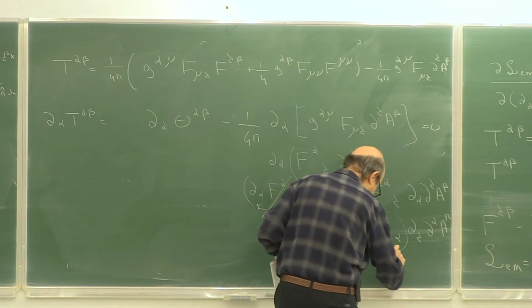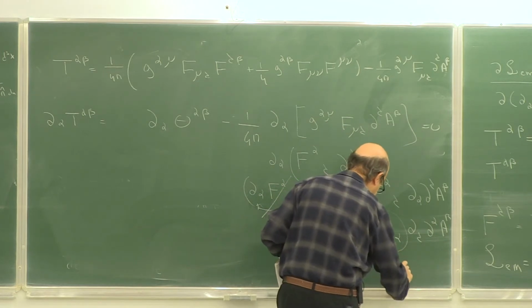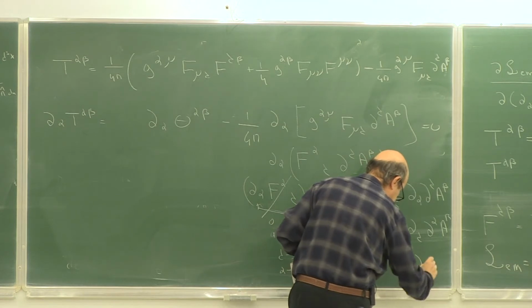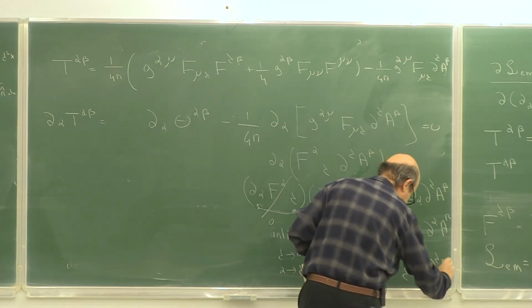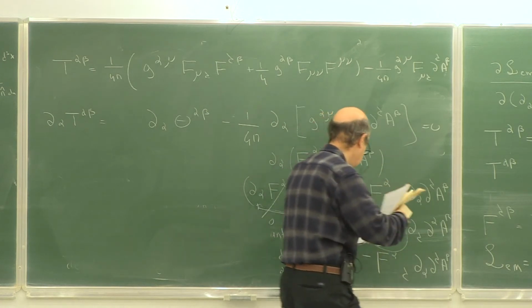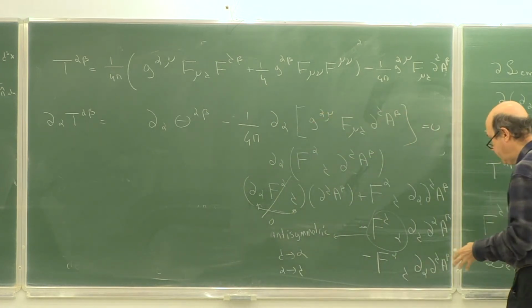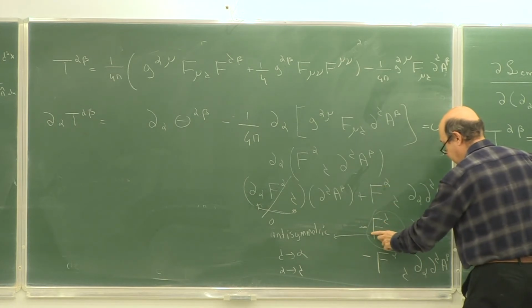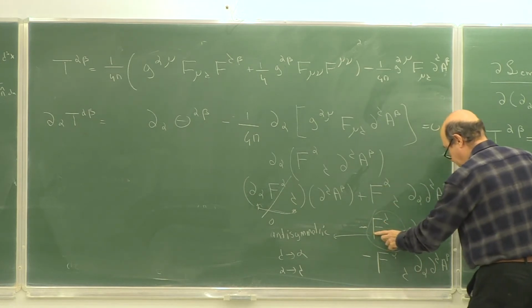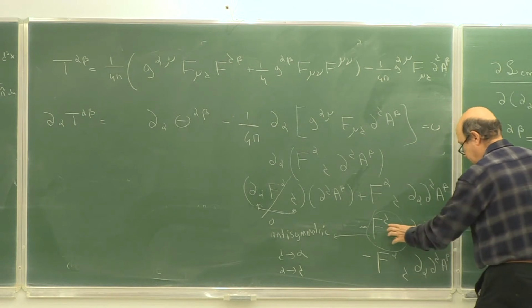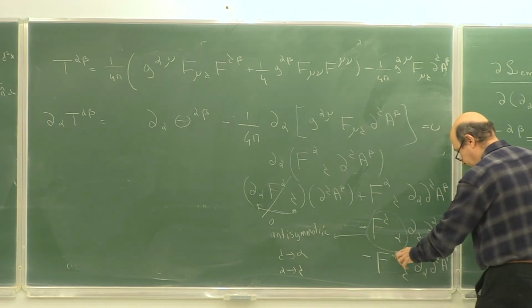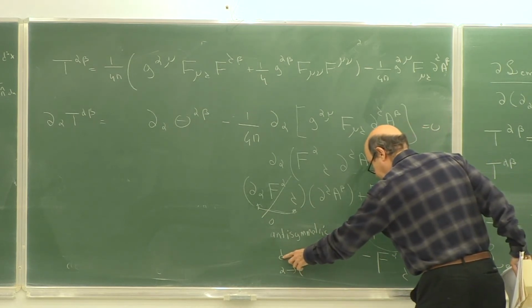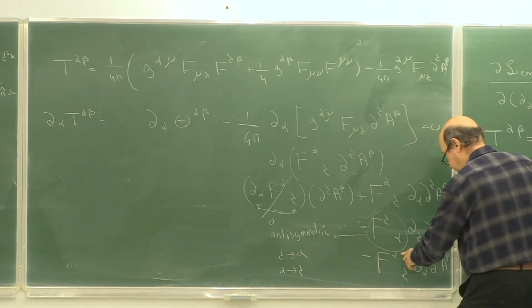That is alpha, lambda, alpha, lambda, A beta. So I change the indices. This is an antisymmetric tensor, this is symmetric, and I have a minus sign. But here, instead of lambda, I put alpha.